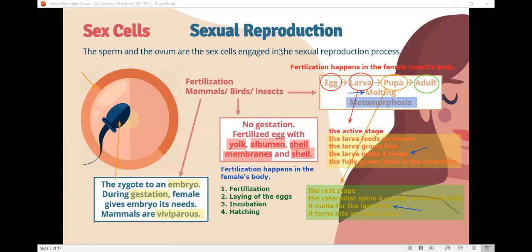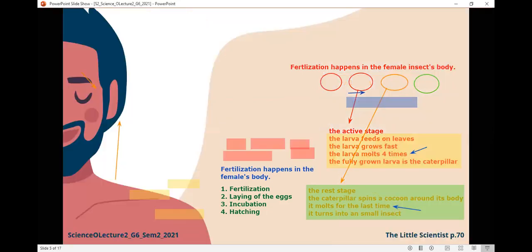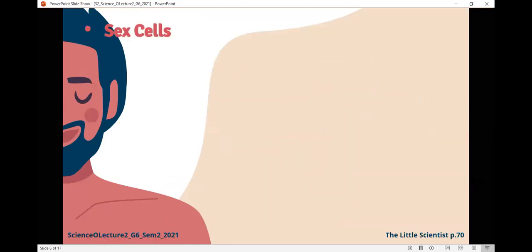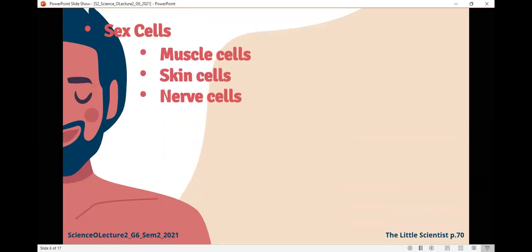Well, you told me that sex cells are one type of cells inside the body. Other types are muscle cells, skin cells, nerve cells, bone cells, and blood cells. Before I start, this is an old lesson. What is the function of the muscle cells inside the body?